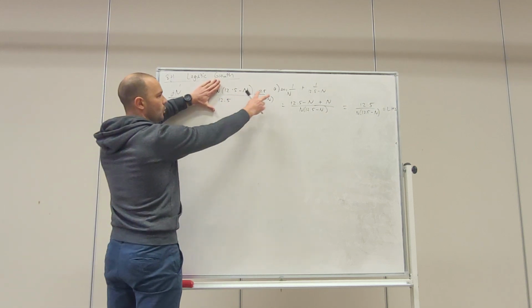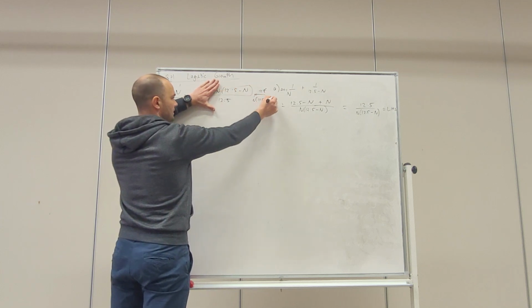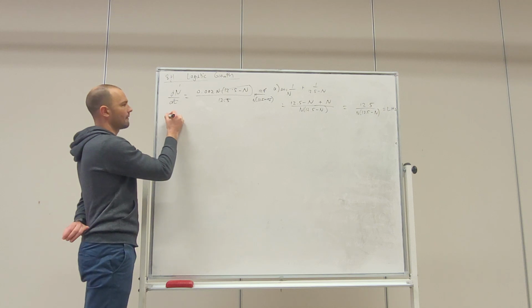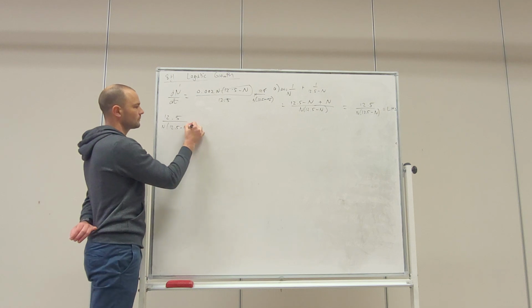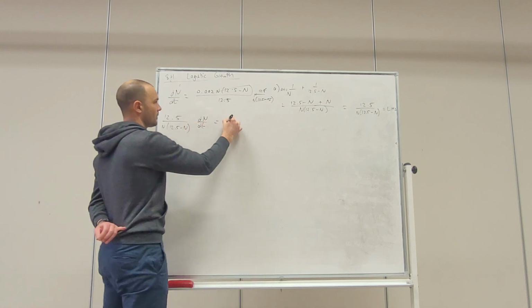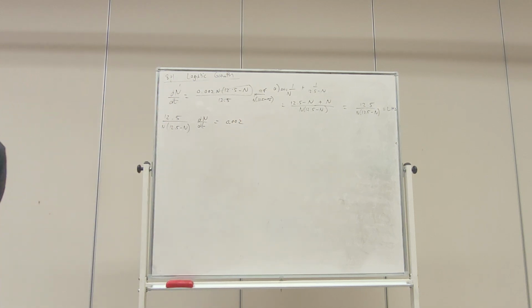If I multiply both sides by it, that's going to cancel on the left-hand side, and that's going to cancel. We'll just be left with this 0.002. So over here, we're going to have 12.5 on top of N times (12.5 − N), dN/dt, and that's equal to 0.002. So that's our first step.